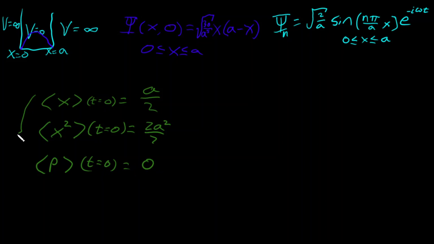And I want to note these quantities can change over time, and they will change. This wave function will evolve in time, and the expectation value of position, position squared, and momentum will change over time. Interestingly, momentum squared at t equals 0 is going to give us 10 h bar squared over a squared.